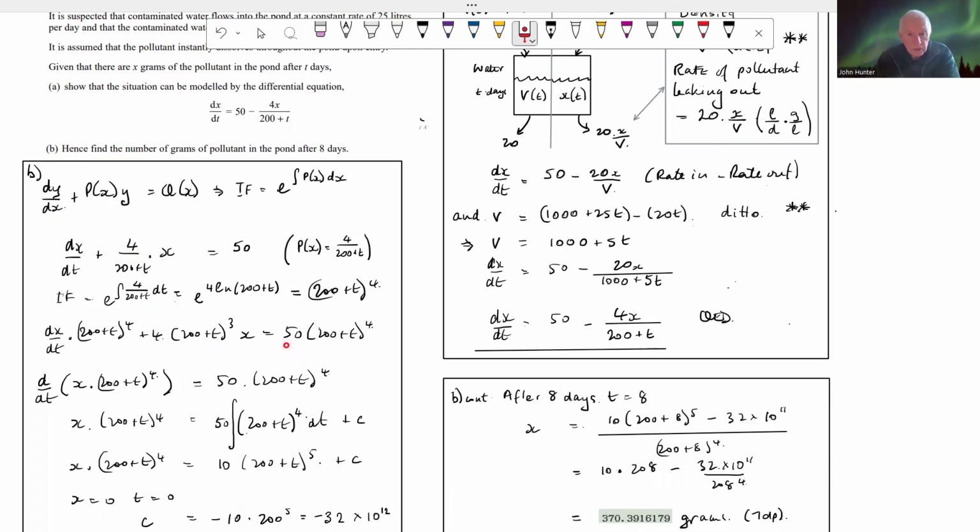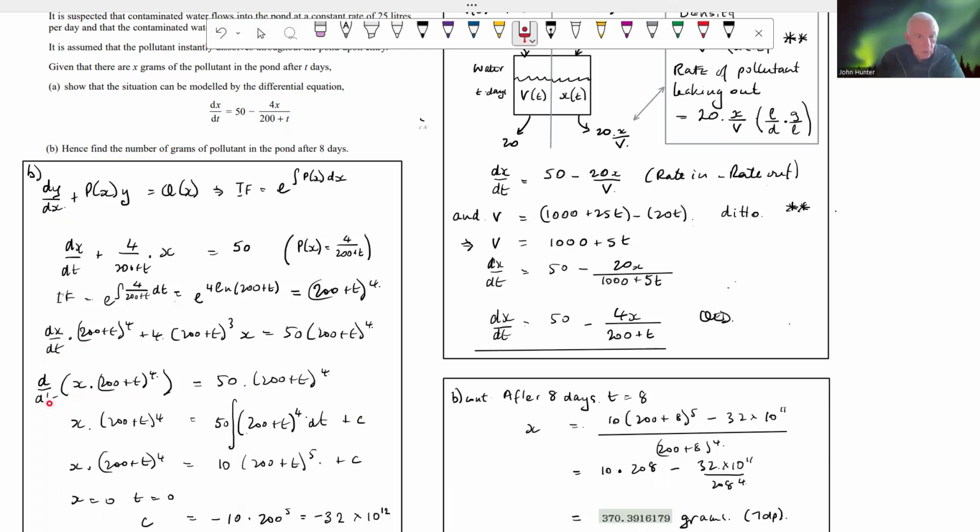And then the right-hand side is just 50 times this. Now the point is that when we are in this particular form, you should be able to spot that what we've done is differentiate using the product rule with respect to t.